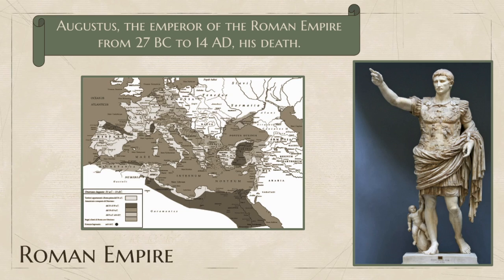And looking at the statue to the right, we see him pointing, and he's pointing to the people. He's a leader, and on his breastplate actually is a bunch of gods, Roman gods, that symbolize his connection with the gods, because back in the day they believed that they had divine rights, so they were chosen to rule over the people.